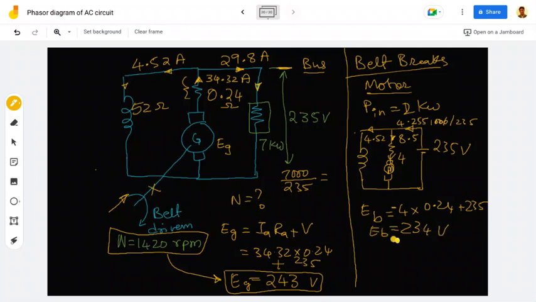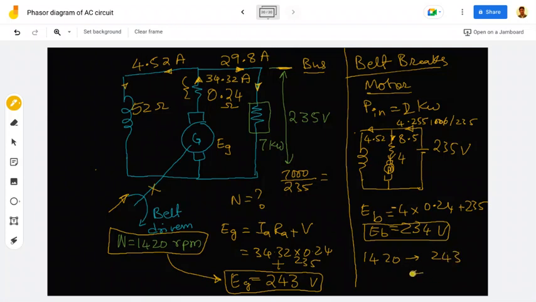234 is the back EMF. Now, in a DC machine, the EMF generated or the back EMF is proportional to the speed, assuming that the field current is constant. 1420 RPM gives 243 volts.